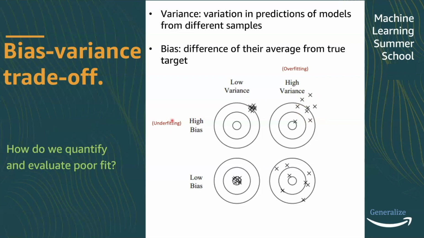On the other hand, underfitting is where you fit a model with complexity lower than necessary. So it always has a problem of very high bias. So these are the two important statistical components that you would use to determine whether your fit is good or bad.